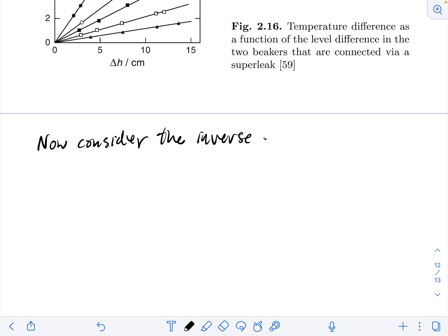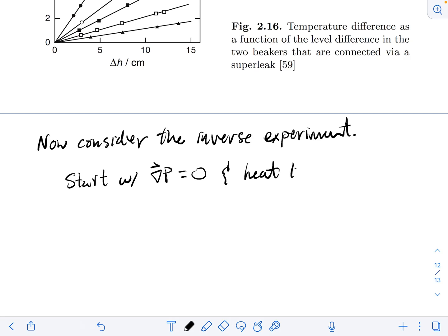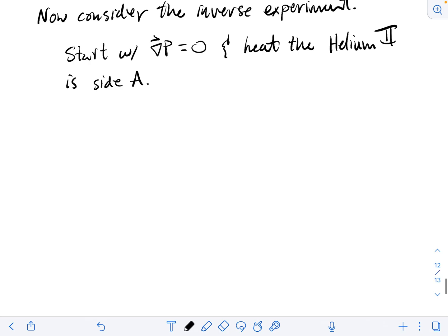We're going to start with no pressure gradient, and we're going to heat the helium-2 in side A of our setup. So here are our parallel test tubes.